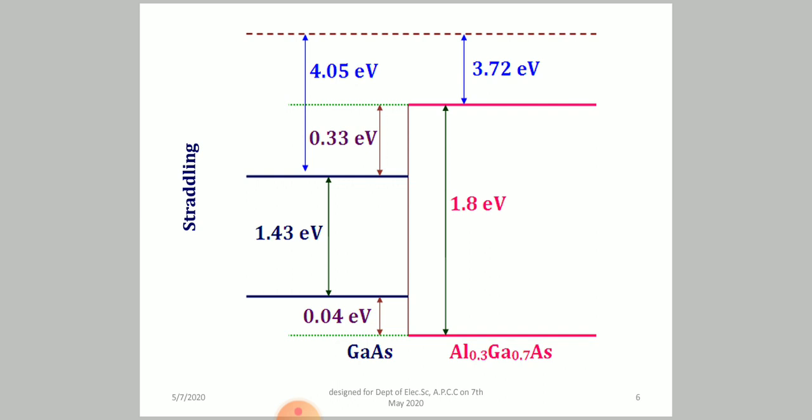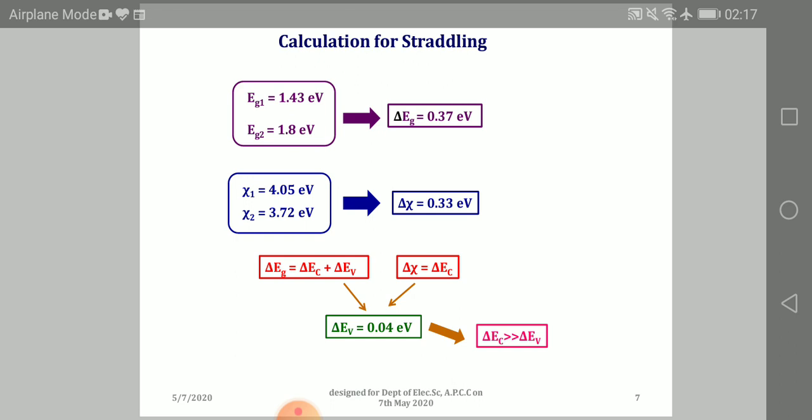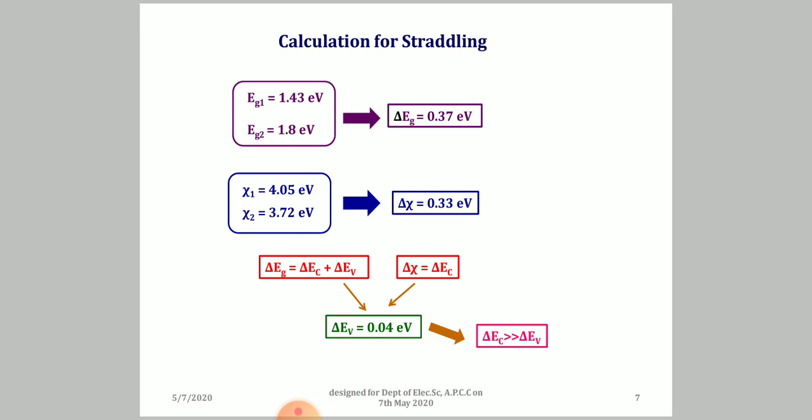So delta EG, that is 0.37, equals delta EC 0.33 plus delta EV. So delta EV comes to about 0.04. That calculation is shown in the next slide. That's the same calculation I am repeating.